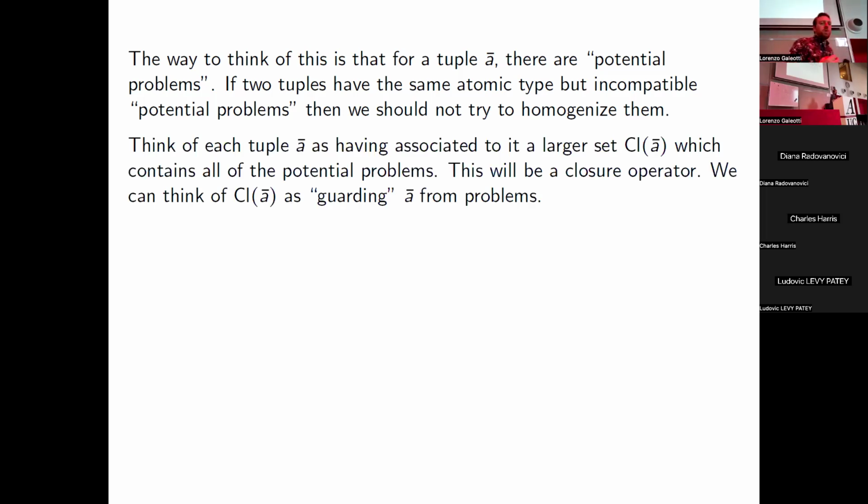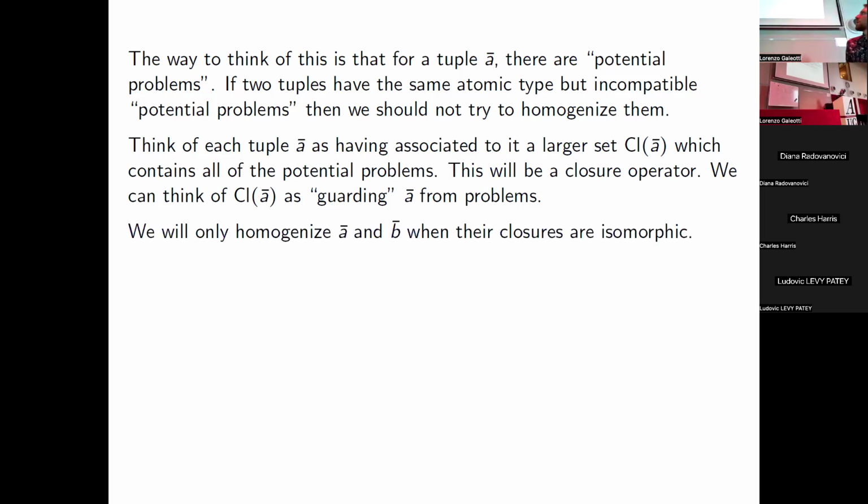So what you could do is think of each tuple having a larger set, which I'm going to call its closure, which contains all of its potential problems. We're going to use the closure to decide if two tuples are similar enough to amalgamate. You can think of the closure as kind of guarding A from its problems. All the problems are contained within the closure.